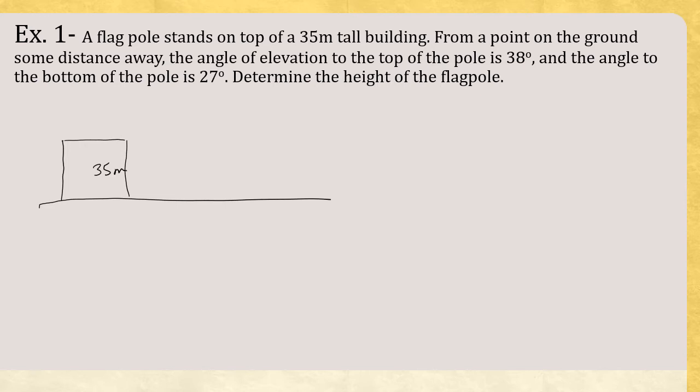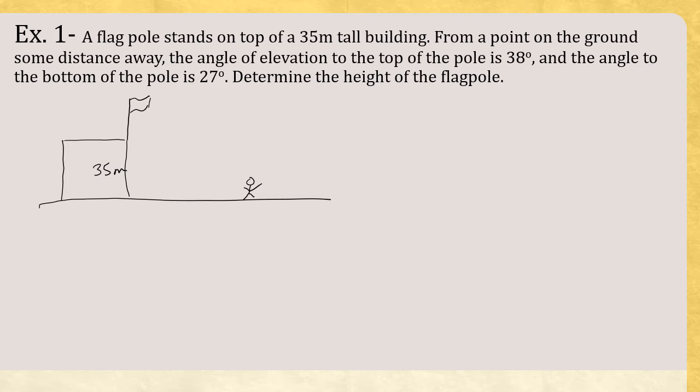And let's just put a person on the ground. There's our person. It says from a point on the ground some distance away, so we don't know what that distance is. The angle of elevation to the top of the pole is 38. So we don't even have a flagpole yet, so let's put a flagpole on top. Whether you put this in the middle or on the edge, it doesn't matter. I'm just going to put it on the edge. And there is our flag.